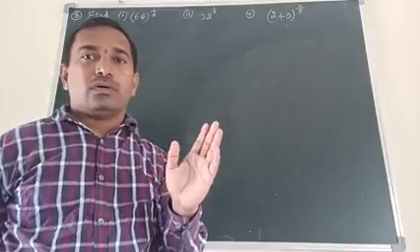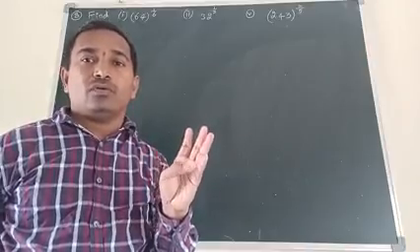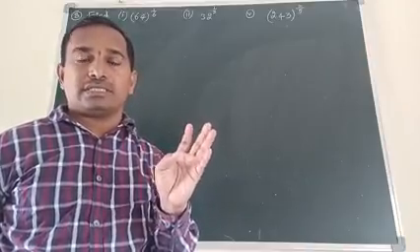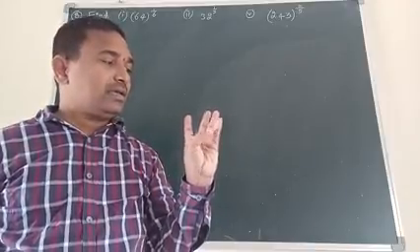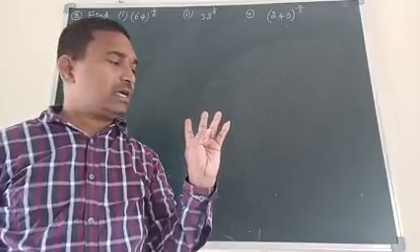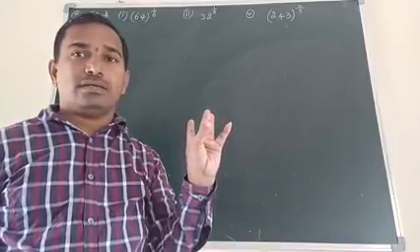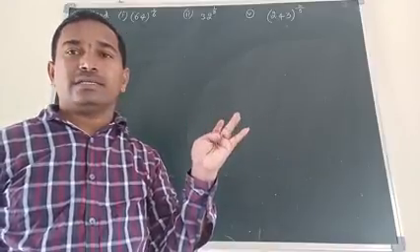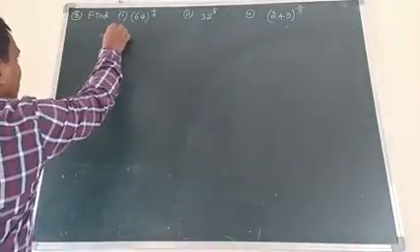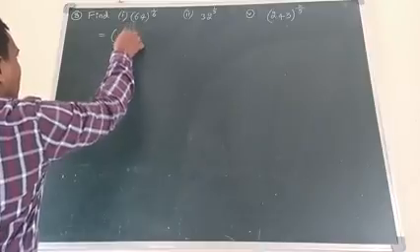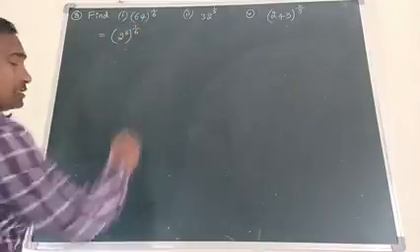Let us see. 2 2s are 4, 4 2s are 8, 8 2s are 16, 16 2s are 32, 32 2s are 64. How many times did you multiply? 6 times. So this 64 can be written as 2 power 6 whole to the power 1 by 6.